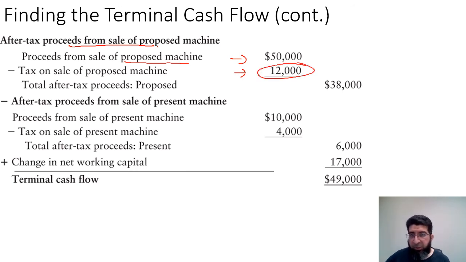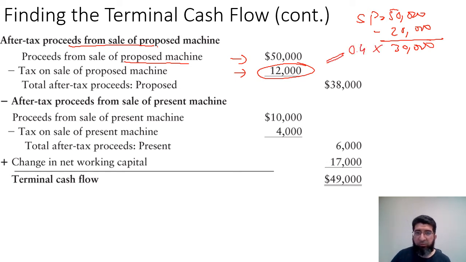So this is basically we have the sale price, which is $50,000, and we subtract the book value, which is $20,000, and that comes out to be $30,000. If you multiply with the tax rate of 0.40, you'll get the $12,000. So this is basically the gain, and on this gain we are going to pay the tax, and that tax is charged here. So total after tax proceed will come out to be $38,000.